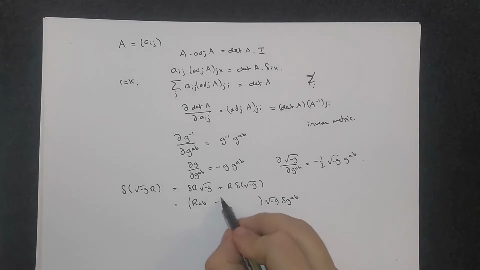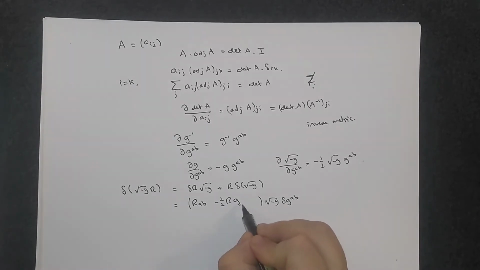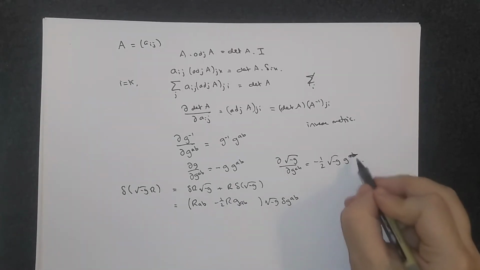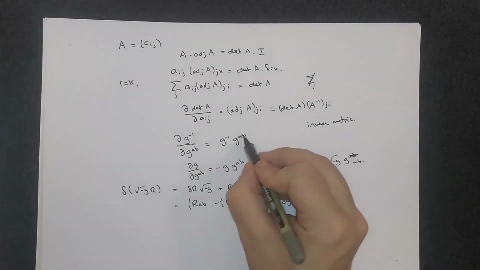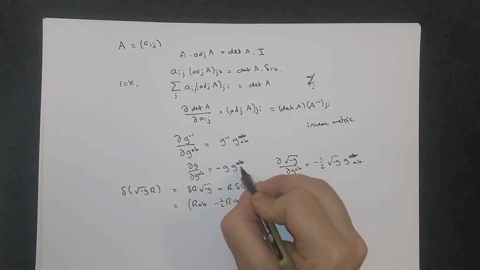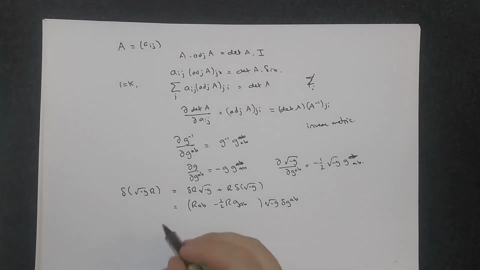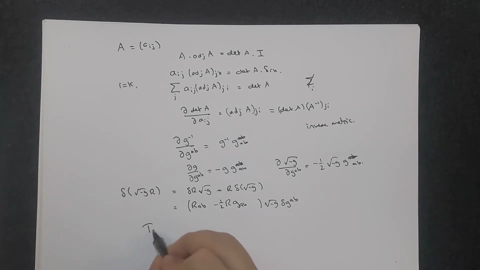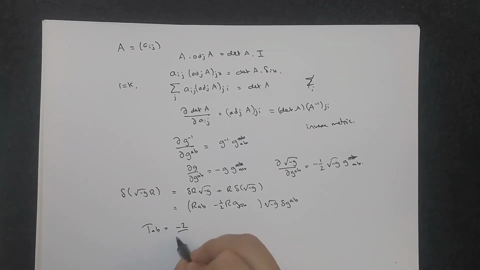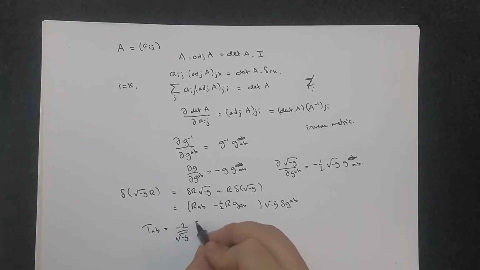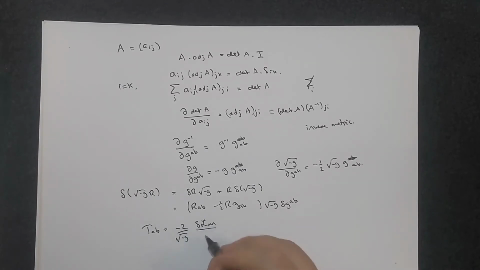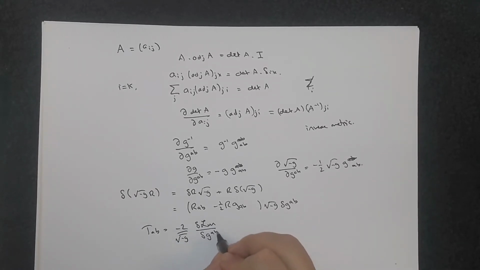And this thing gives me a minus a half R g_AB. Let's just have lower indices, of course. It's supposed to be the inverse of the thing we were considering.